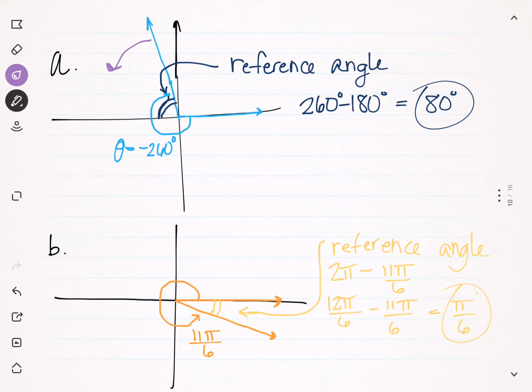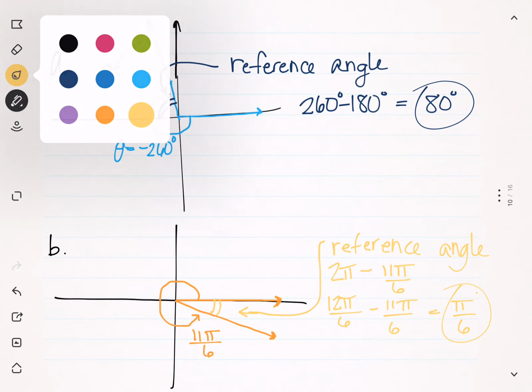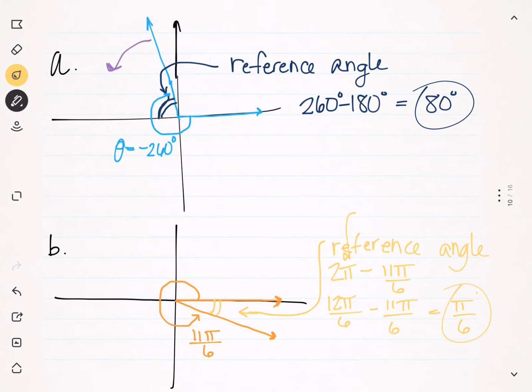And then 11 pi over 6, that puts me in quadrant 4 in standard position. Okay, so how many more radians do I need to travel to get up to that x-axis? So think about it like, what is the difference between this angle and 360? Or in other words, 2 pi is the same thing as 360 degrees.